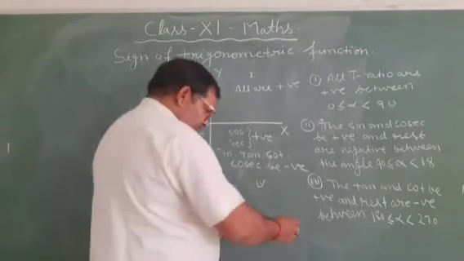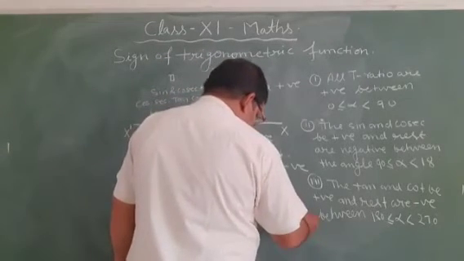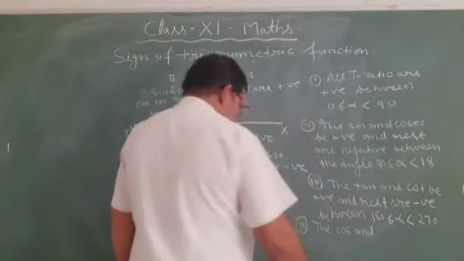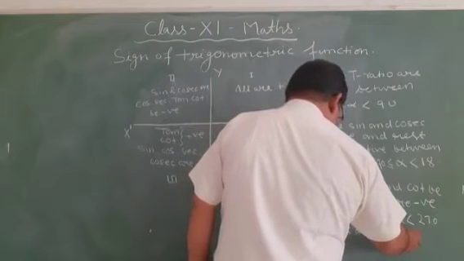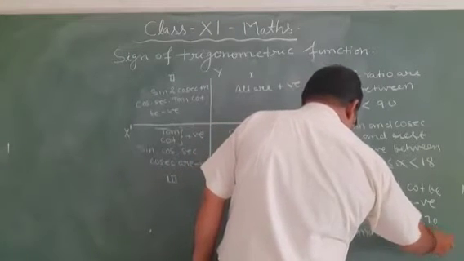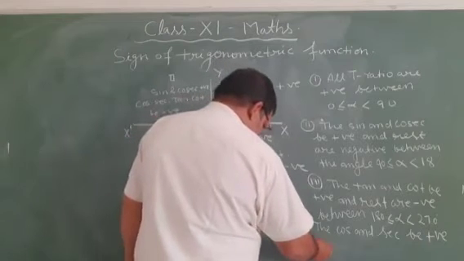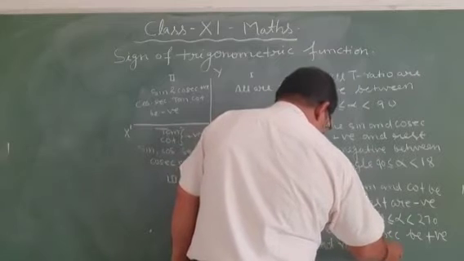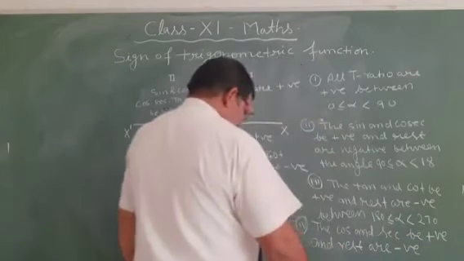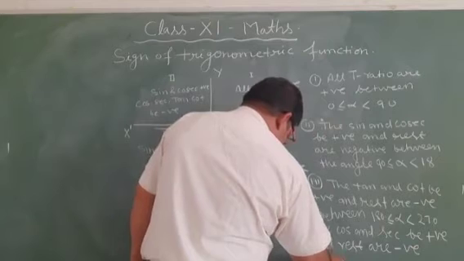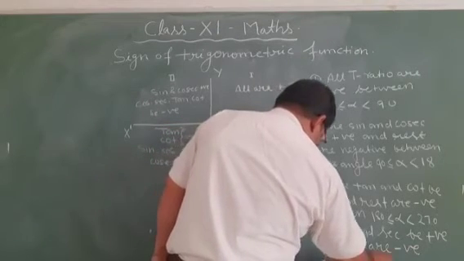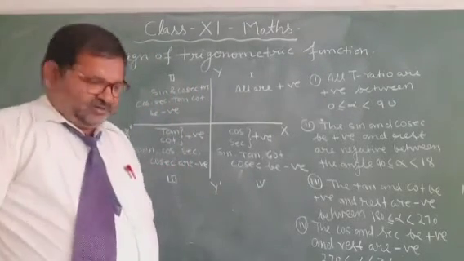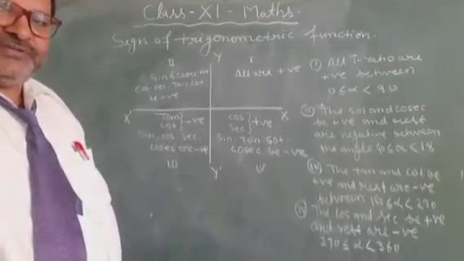So therefore, in the fourth quadrant, the cos and sec be positive and rest are negative between 270 to 360.